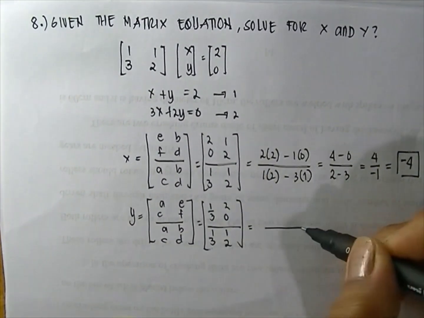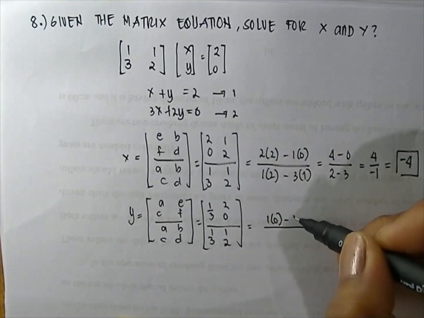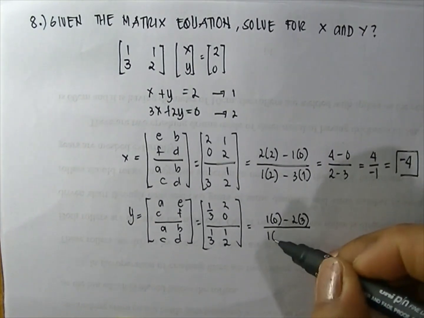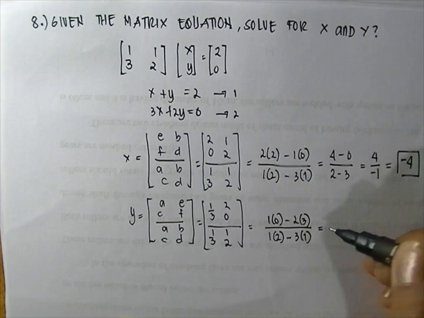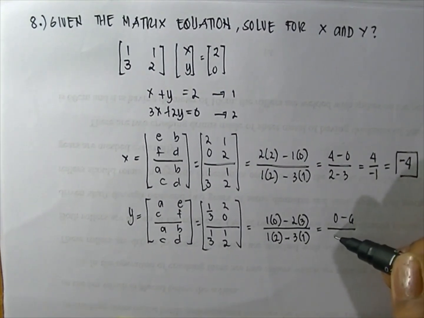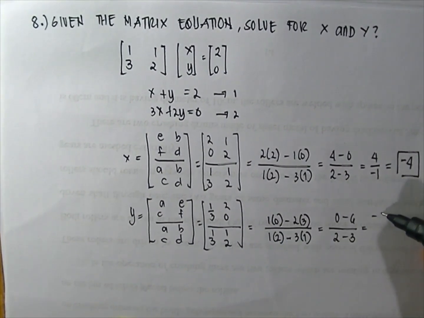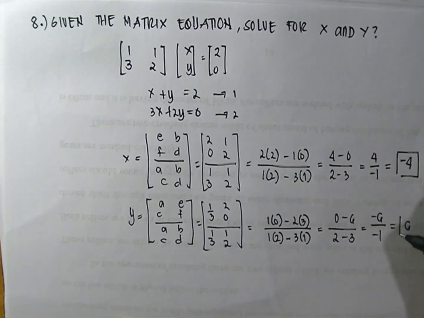Therefore, we have 1 times 0 less 2 times 3 over 1 times 2 less 3 times 1. Therefore, 0 less 6 over 2 less 3 is negative 6 over negative 1. Therefore, y value is positive 6.